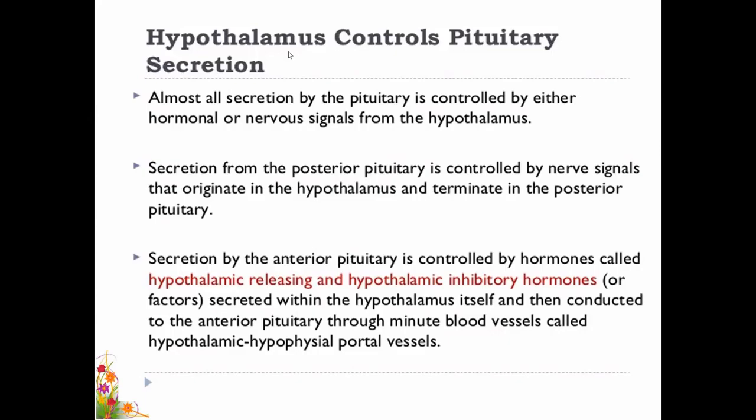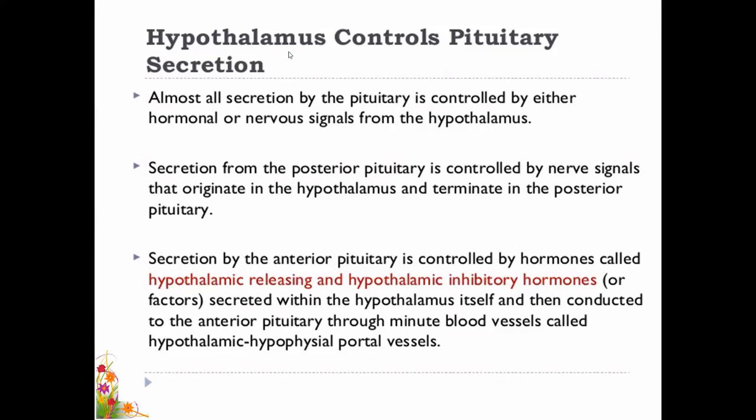Okay, here I just want to ask you three questions. Please all of you write the answers in the chat box. The first question: through which ways does the hypothalamus control the secretion of the pituitary glands?